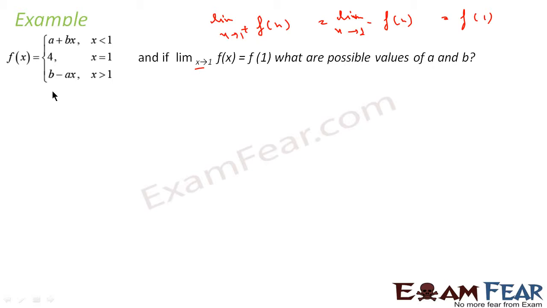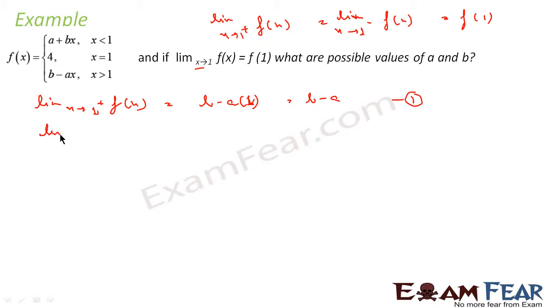So first let's find the left hand limit or right hand limit. This right hand limit, x is tending to 1 plus. So we can say that limit of x tends to 1 plus of f(x), for x greater than 1, this function will use b minus a into 1, that is b minus a. This is equation 1.